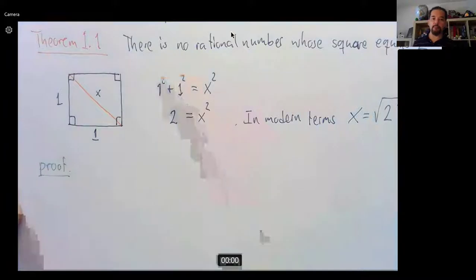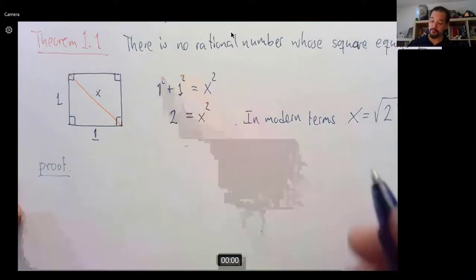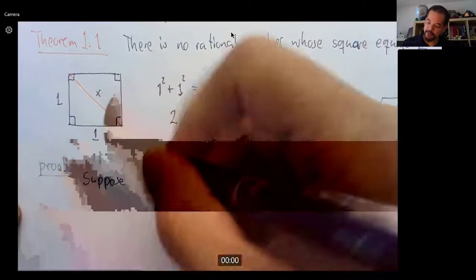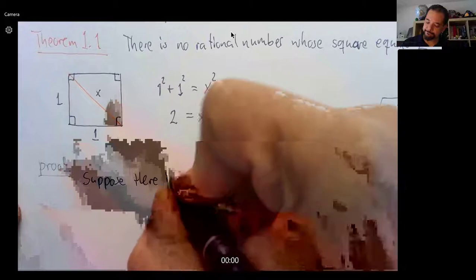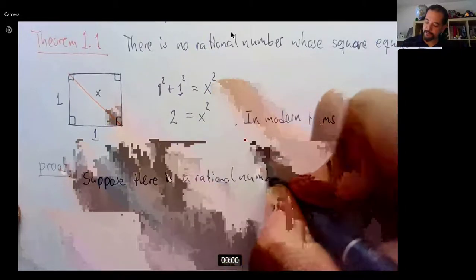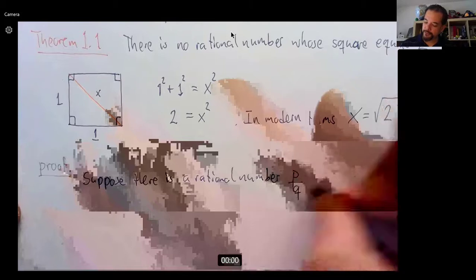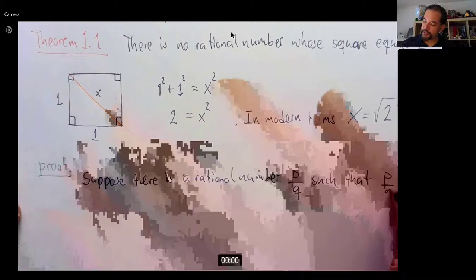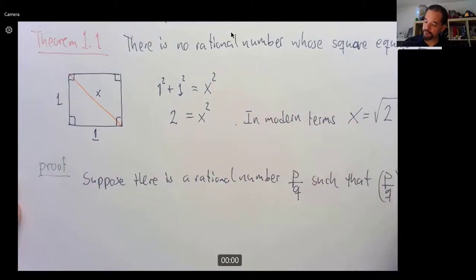Well, it's a proof by contradiction, right? So you suppose that it is a rational number. So suppose there is a rational number p over q such that (p over q) squared equals 2, right?